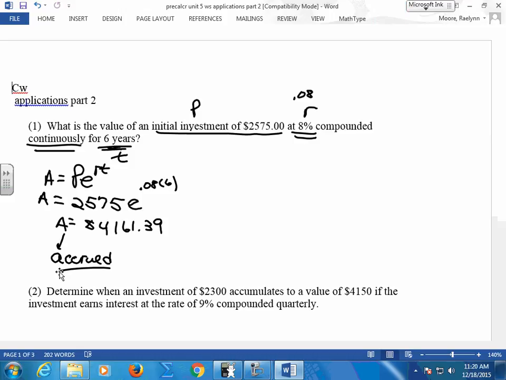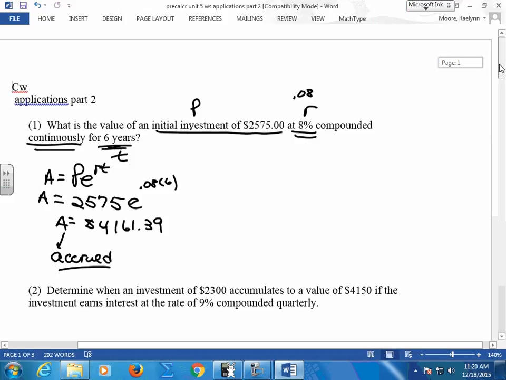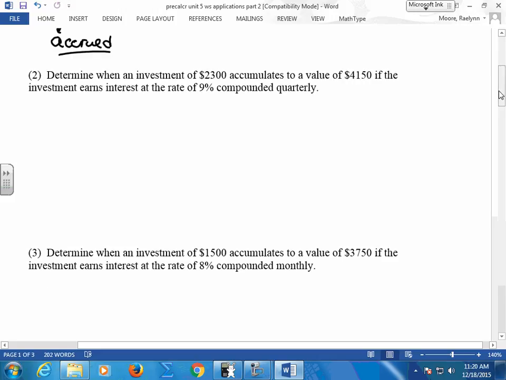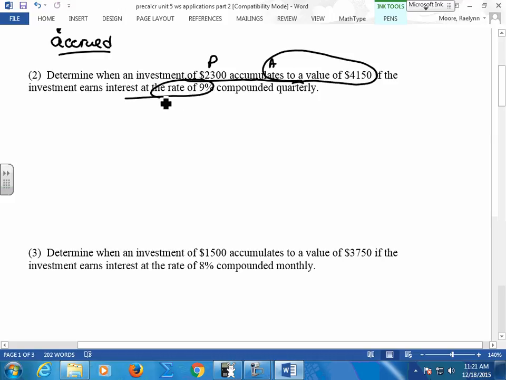Now, sometimes we're missing a couple of things. Determine when an investment of $2,300, this is the principal, accumulates, oh, this is the A, to a value of this if the investment earns an interest rate of 9% compounded quarterly. So let's put in what we know. What's A?